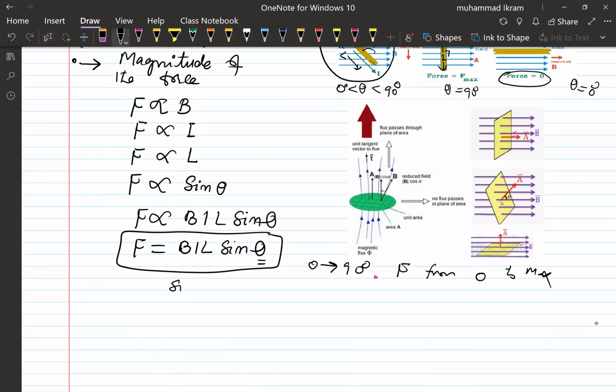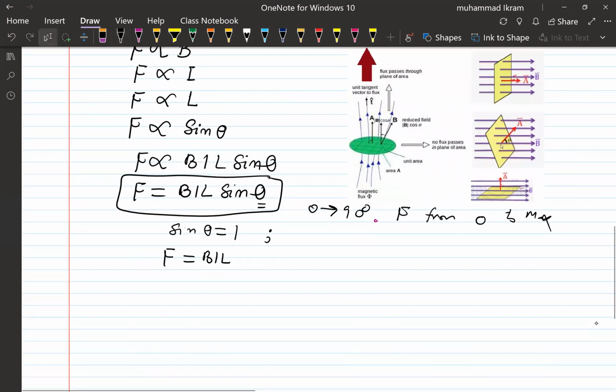For sine theta equals 1, just remember that the magnitude of this force equals BIL. From this we can get B as F divided by IL.